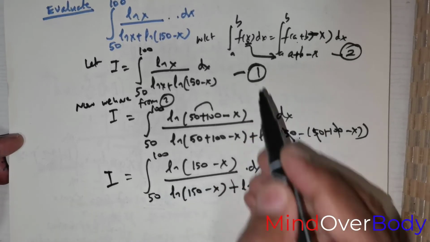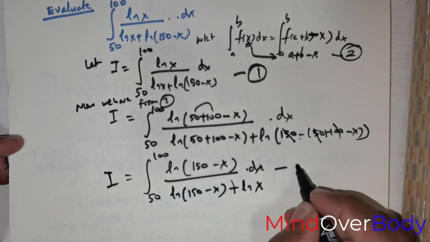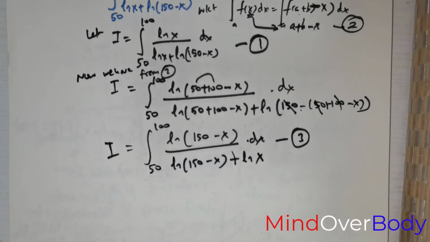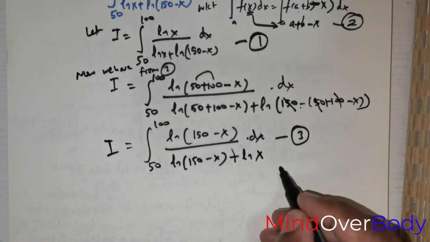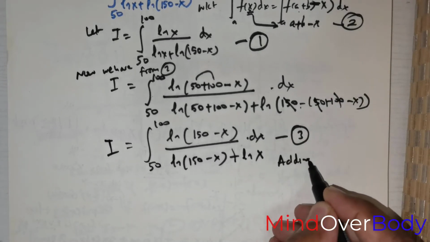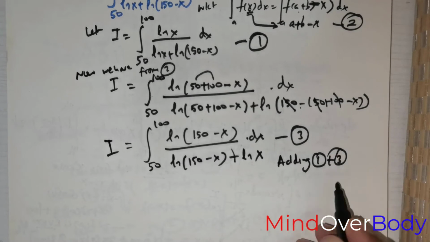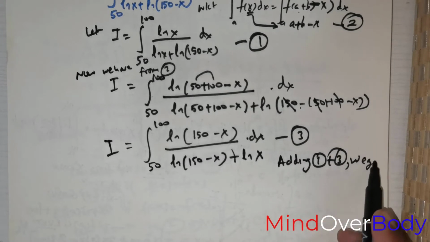Now if I take the first as 1 and this as 3, because I've taken this as 2, adding 1 and 3, what do we get?